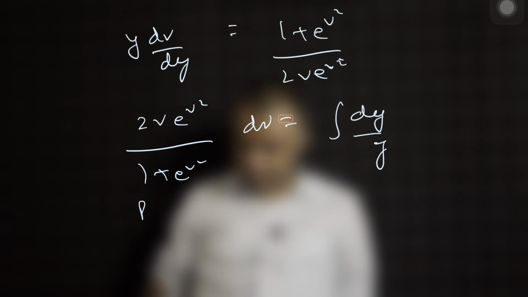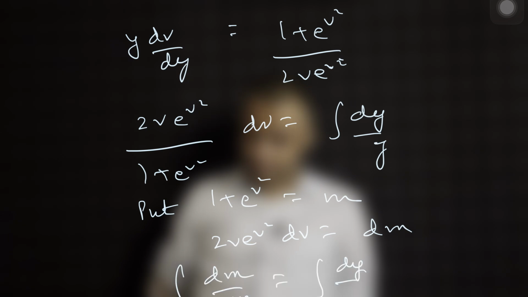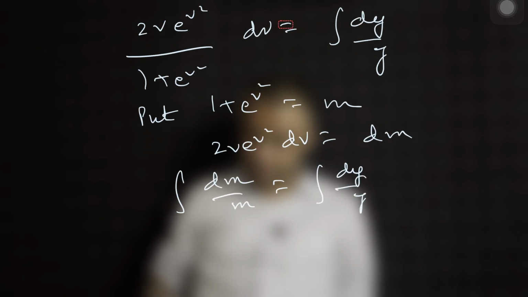And I am sure this is how you need to go. So, if I put 1 plus e to the power v square as equal to m, so this is your 2v e^(v square) dv is equal to dm. So, this is integral of dm by m is equal to dy by y.